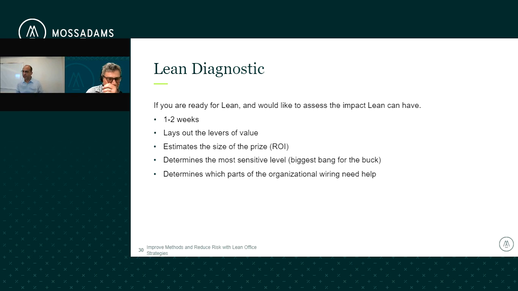In the sales organization, whatever that thing is, all these things are identified during a lean diagnostic, and that's where management, executives, and us come together and decide the lean journey of the lean office. So these are 2 ways, and over to Chad.